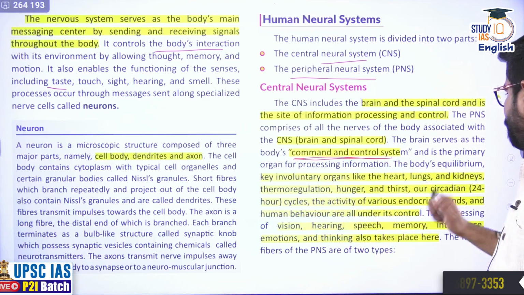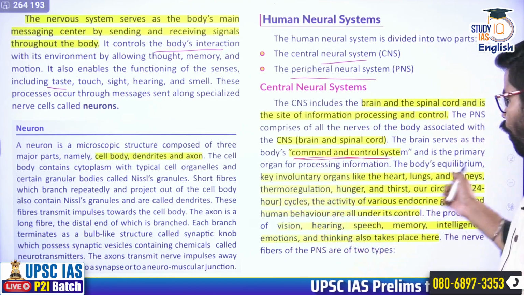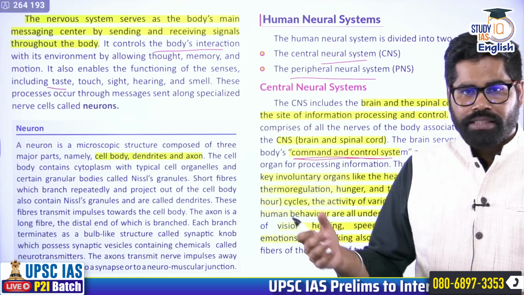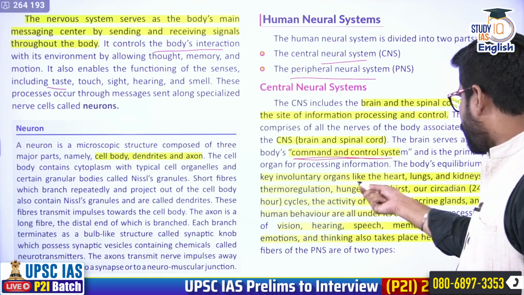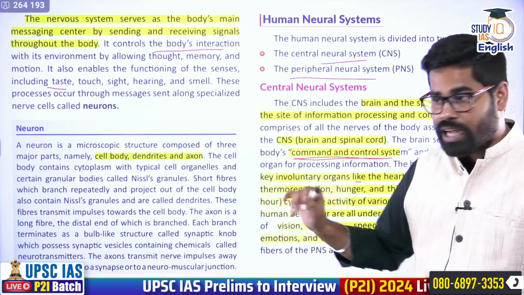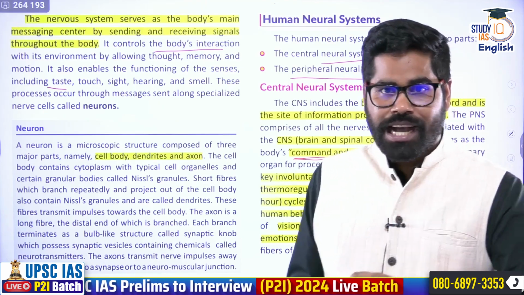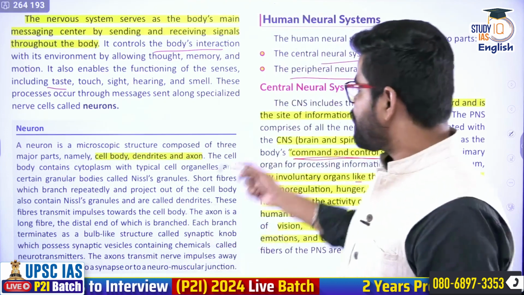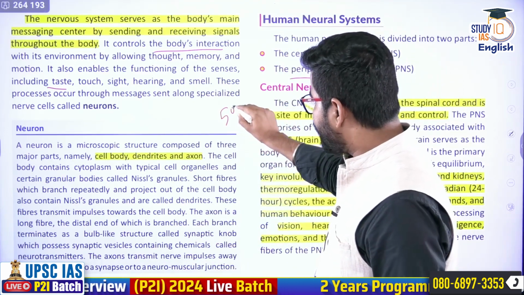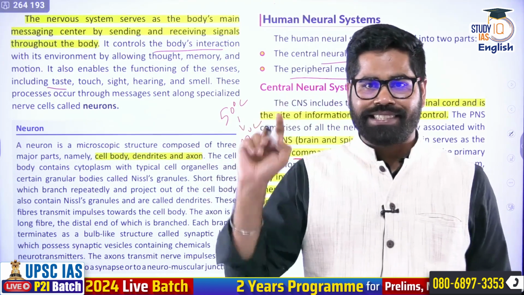Now see this: if we talk about the body's equilibrium, the homeostasis in the body, the heart, the lungs, the kidneys, and thermoregulation, we have this ability to regulate our temperature. Even when the temperature of the outside environment is 50 degrees Celsius, our body temperature is going to be 37 degrees Celsius.